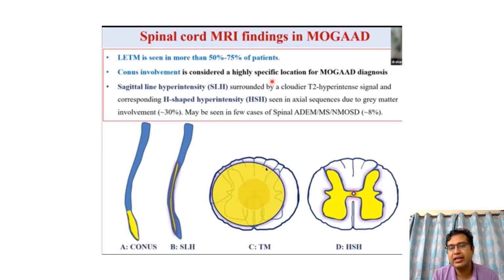It's considered a very highly specific location for MOGAD. It is longitudinally extensive, seen in more than 50 to 75% of the patients. Sagittal line hyperintensity, H-shaped hyperintensity, and conus involvement are the three main features in MOGAD myelitis.